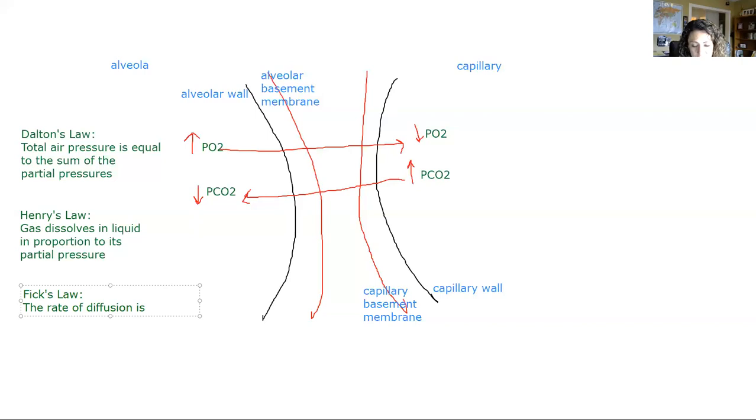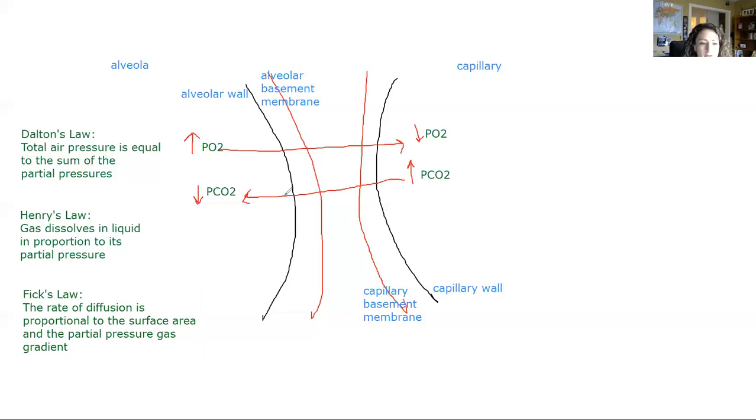The rate of diffusion is proportional to the surface area and the partial pressure gas gradient. I'll give you a minute to write that down. Fick's law says the rate of diffusion is proportional to the surface area and the partial pressure gas gradient.